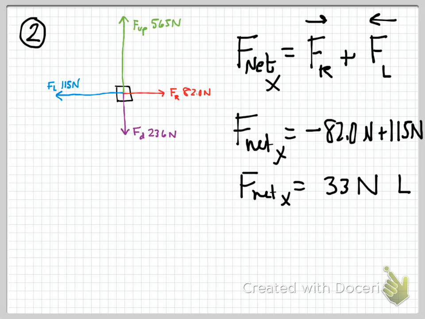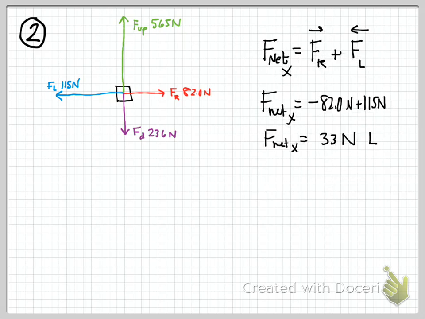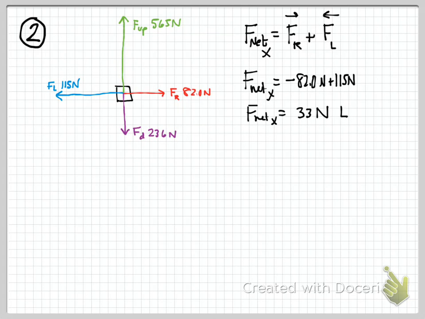Remember, this is a vector, so we have to include a direction. It's that easy to get your net force on the x and y. Let's do the y, and then we'll talk about what you need to do to get your overall net force.